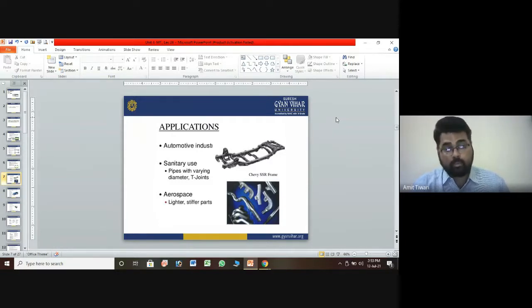But the material selection is very important. First of all you have to identify what material you want to use for the operation, because for that material you need to know how much pressure will be required to deform it. So you have to identify that particular pressure first. To increase the pressure, the water is raised to a very high pressure to form the shape.